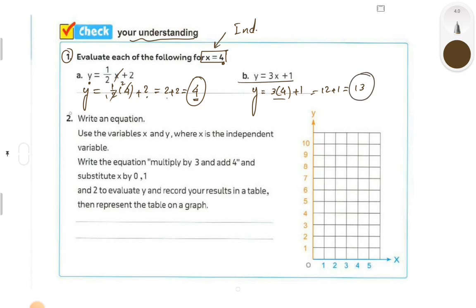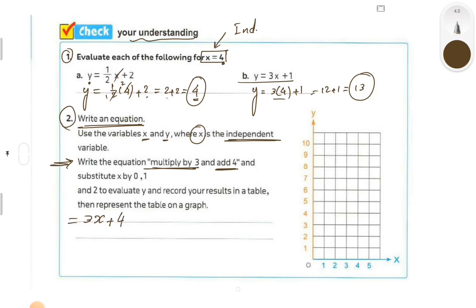Question number 2, write an equation using the variables x and y, where x is the independent, so y is the dependent. Now, what's the equation? Multiply by 3. Multiply what? Multiply x, that means 3x, and add 4, that means plus 4. What does all of this equal?